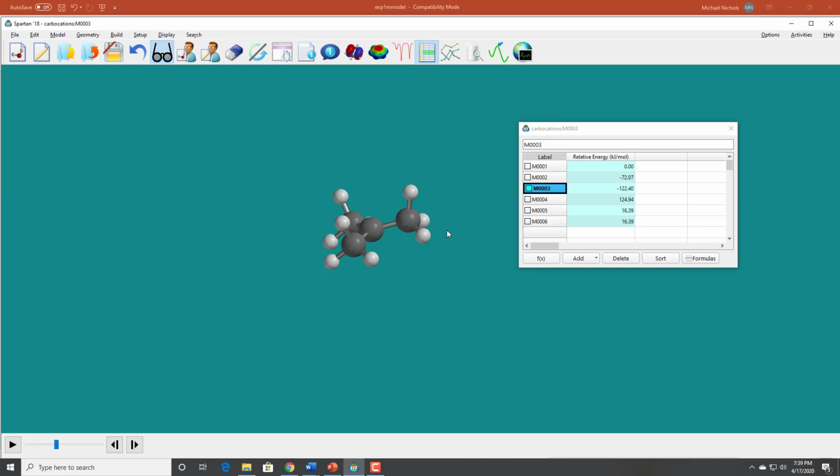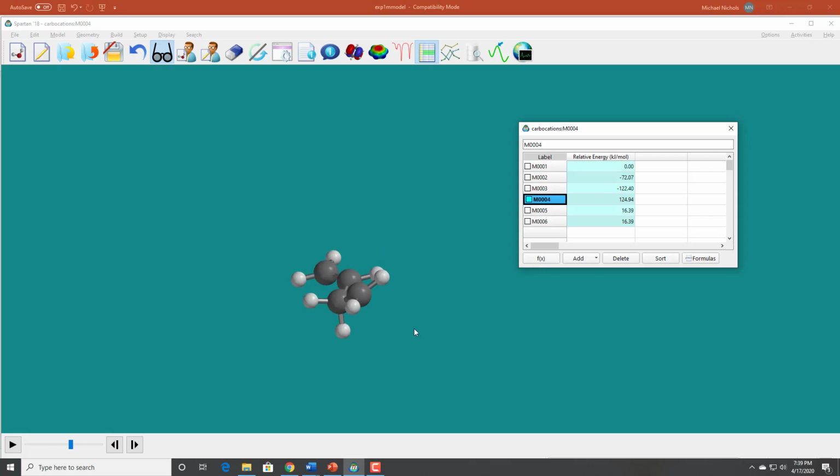All right, great. Now, first of all, I can't necessarily directly compare the primary non-allylic system to the butane primary carbocation because these do not have the same molecular formula.